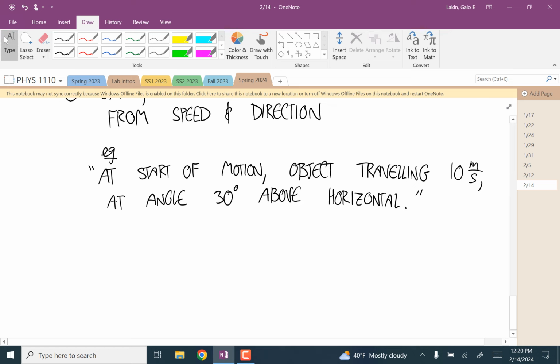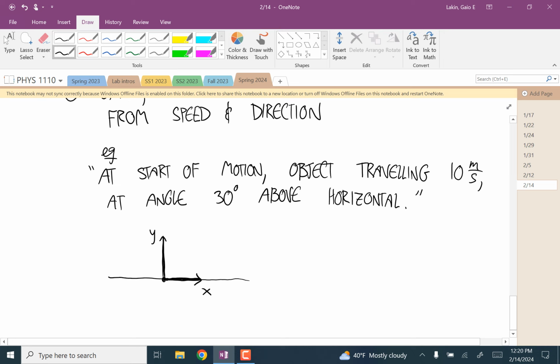Okay, well, that means that if you choose a coordinate system where the x-axis is horizontal and the y-axis is up.